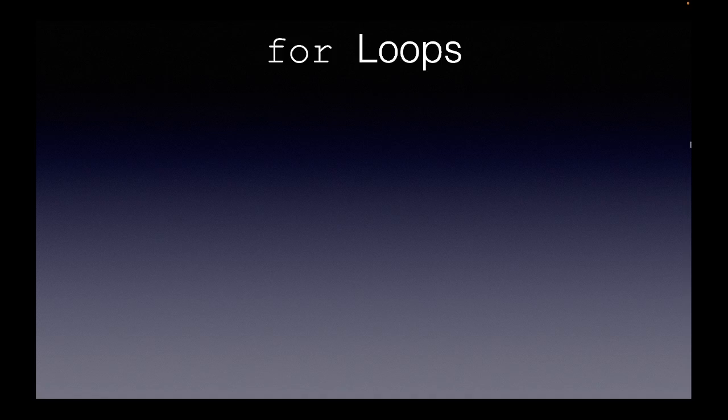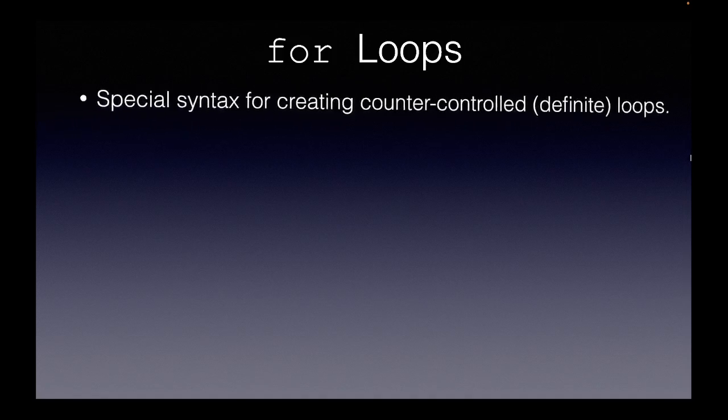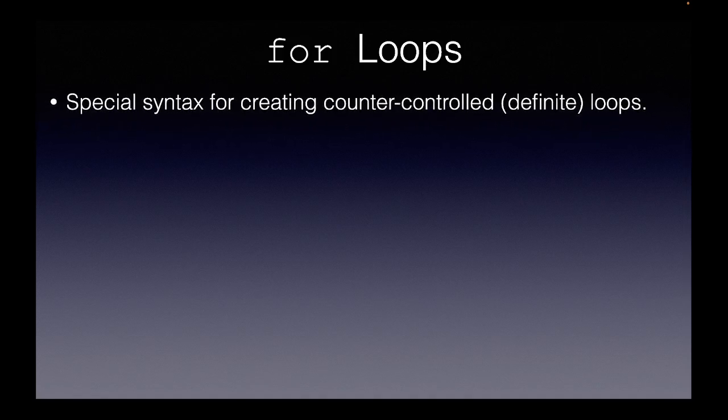Because it's so common, the developers of Java have given us a specific syntax just for that type of loop, and it's called a for loop. The idea of a for loop is that it's just a different syntax to do the same kind of loop we might do with a while, for example.